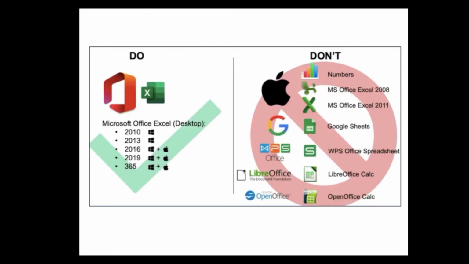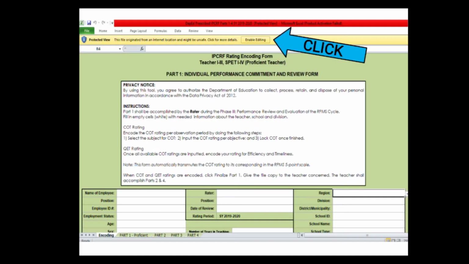Do not open the file in online Microsoft, Google Sheets, WPS and the like. Doing this will create some errors, or there are functions which are not available in the file if you use a different online Microsoft application.